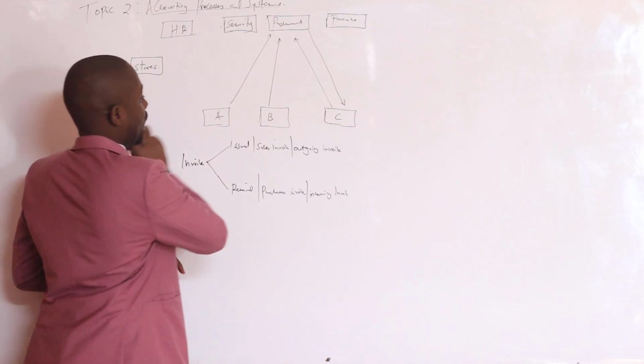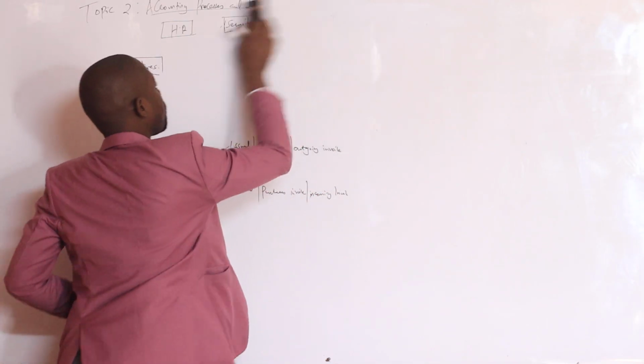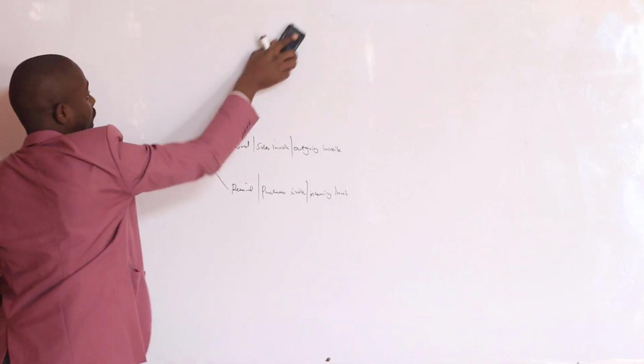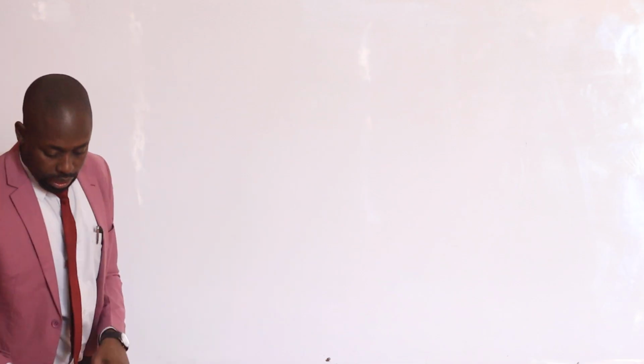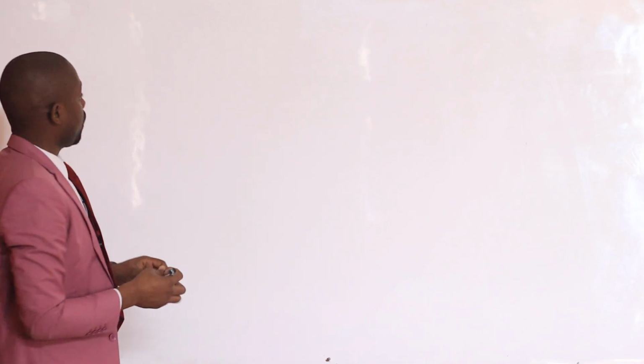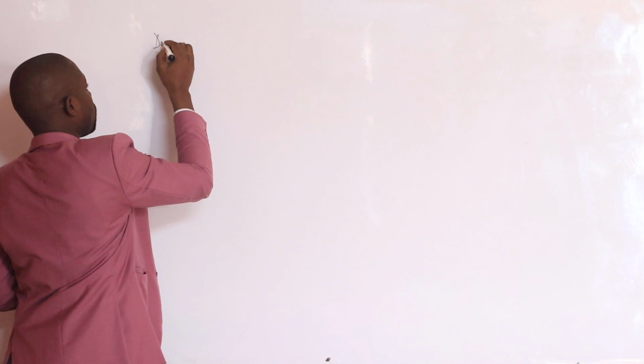Let's look at the next part of this topic. After understanding such documents, let's understand what we call the double entry system.